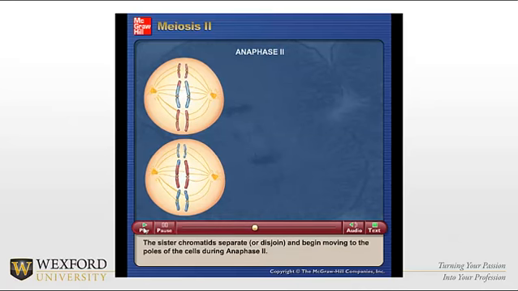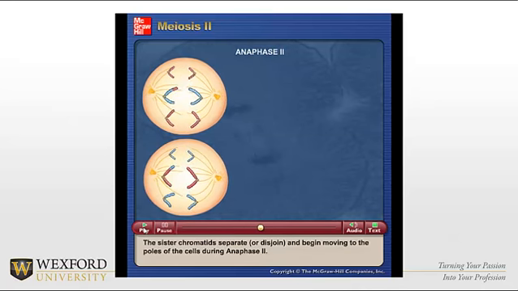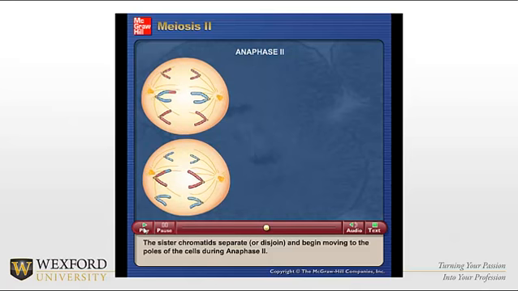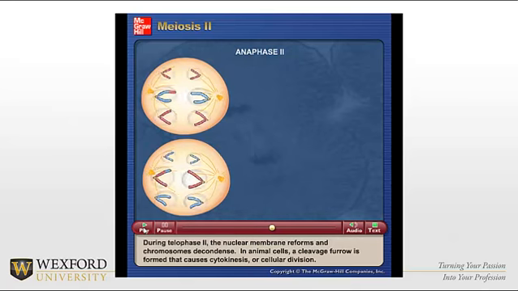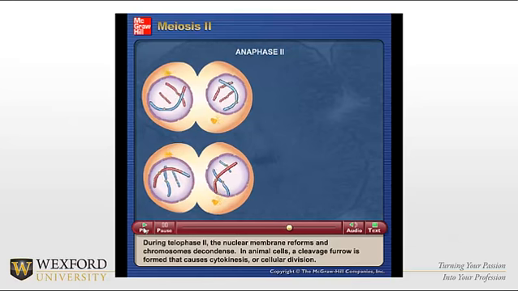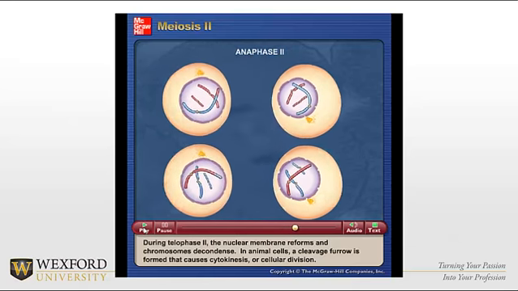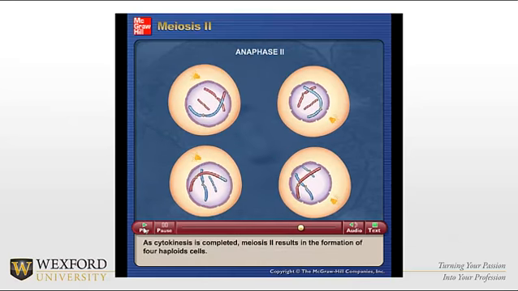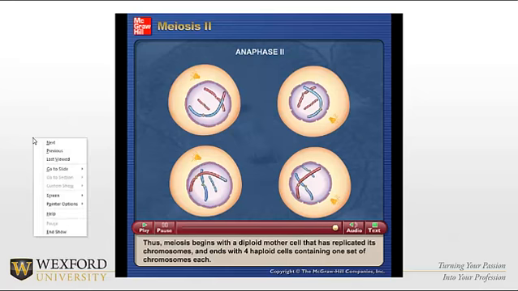The sister chromatids separate or disjoin and begin moving to the poles of the cells during anaphase II. During telophase II, the nuclear membrane reforms and chromosomes decondense. In animal cells, a cleavage furrow is formed that causes cytokinesis or cellular division. As cytokinesis is completed, meiosis II results in the formation of 4 haploid cells. Thus, meiosis begins with a diploid mother cell that has replicated its chromosomes and ends with 4 haploid cells containing one set of chromosomes each.